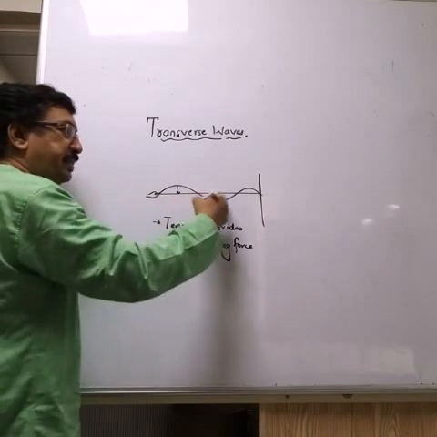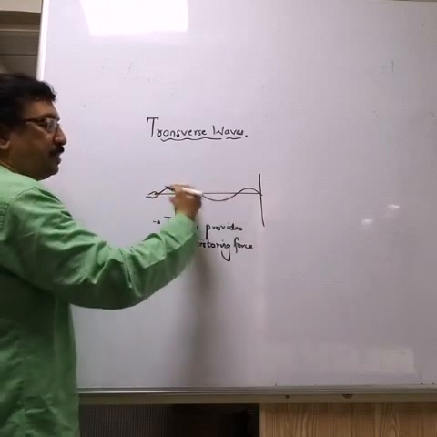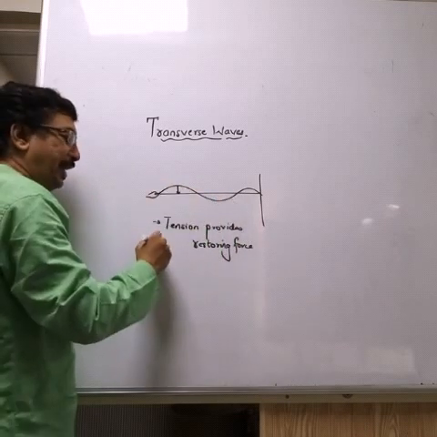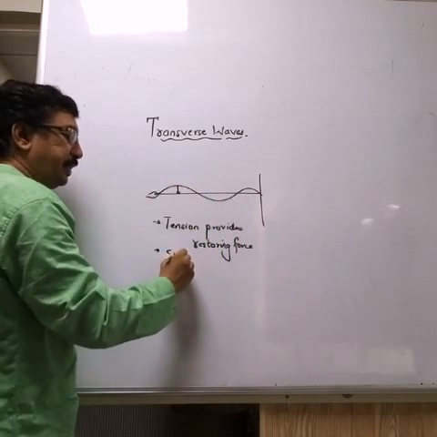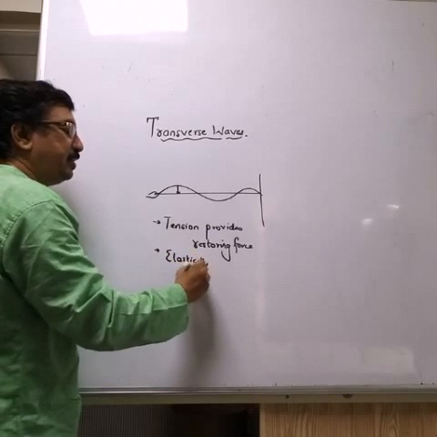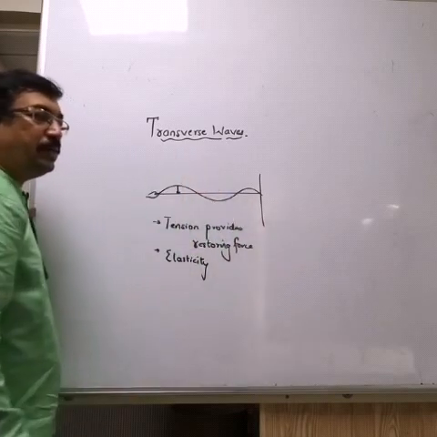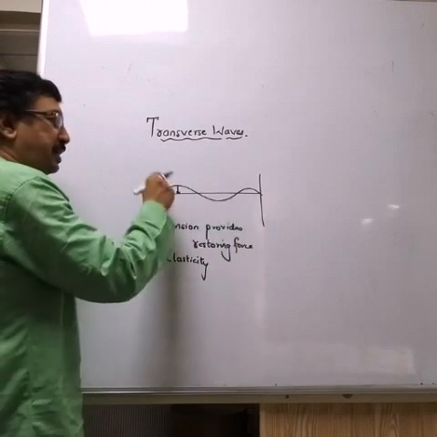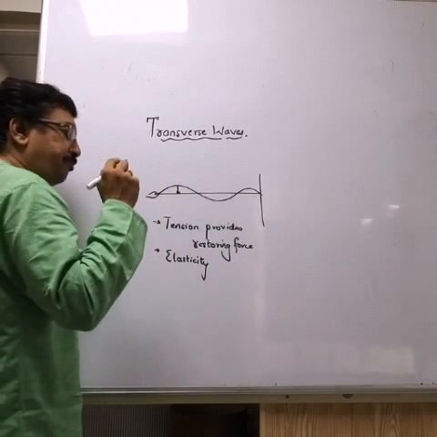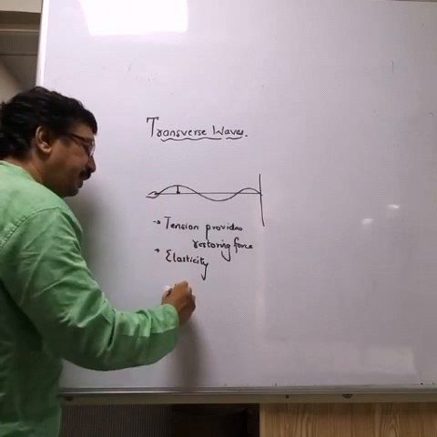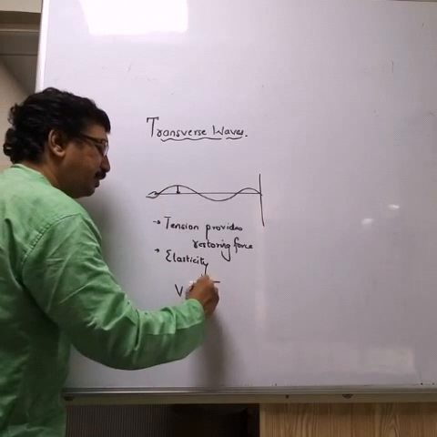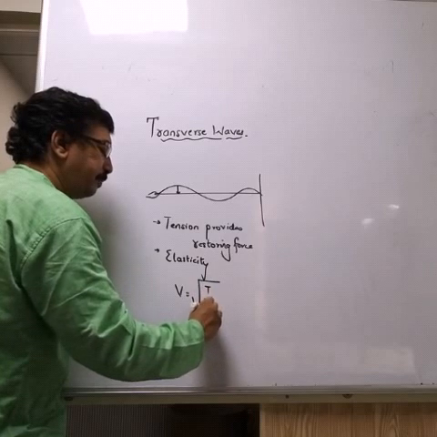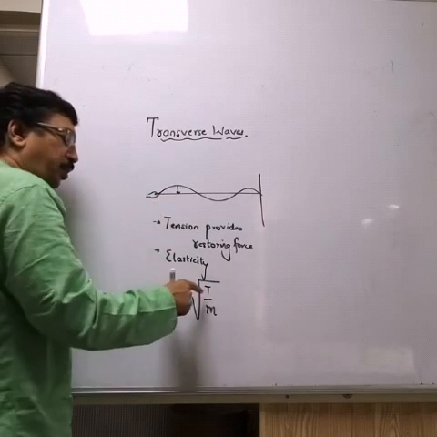Secondly, the string, a cotton thread or anything, should have elastic properties, elasticity, then only the waves can travel through the string. Now the velocity of this transverse wave is given by the formula V equal to square root of T upon M. Now what are these terms?